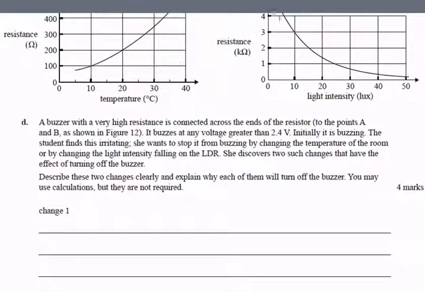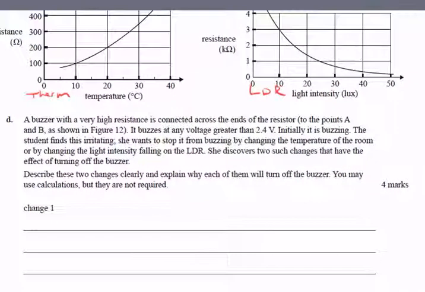Alright, so I've got the same graphs we had before for the temperature. This must be the thermistor, and light intensity must be the LDR. A buzzer with a very high resistance is connected across the ends of the resistor.